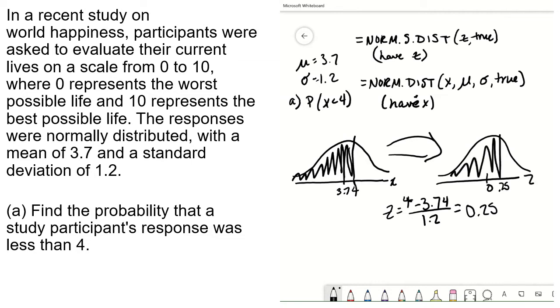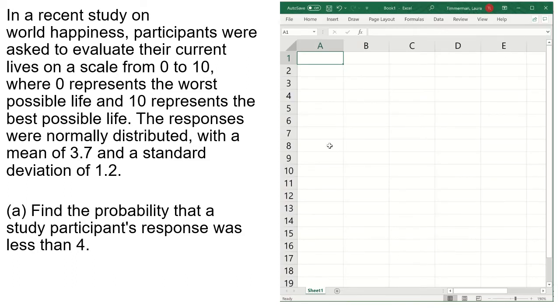Okay. And so if we use this z, that means in Excel, I'm going to use a z of 0.25 in the formula I wrote above. So norm.s.dist, 0.25, true.